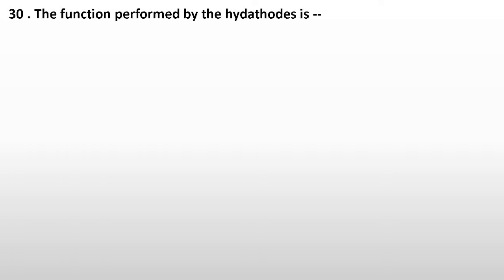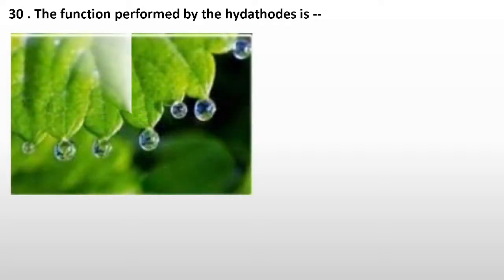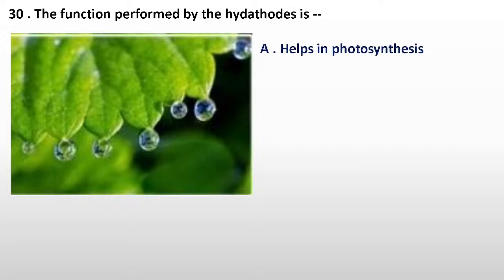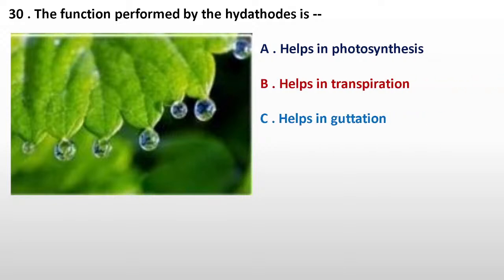Okay. Question number 30. The function performed by the hydathodes is dash. This is the image given for your reference, and your options are A, helps in photosynthesis, B, helps in transpiration, C, helps in guttation, D, causes bleeding.